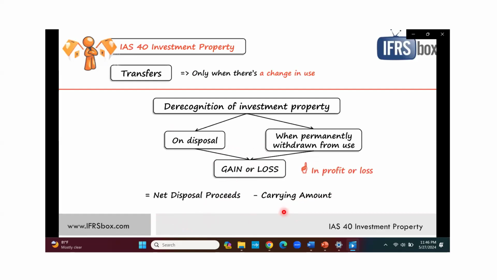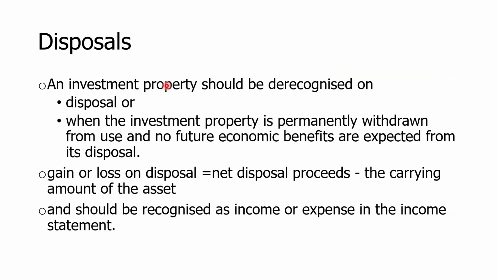And when again do we derecognize? When the investment property is permanently withdrawn from use as such. If it's permanently withdrawn from use as investment property, you also have to derecognize it. And you can also transfer one classification of asset to the other, right? From investment property to PPE, from PPE to investment property, from investment property to inventory, and what have you, just as we learned here. So this is what the standard has for us.